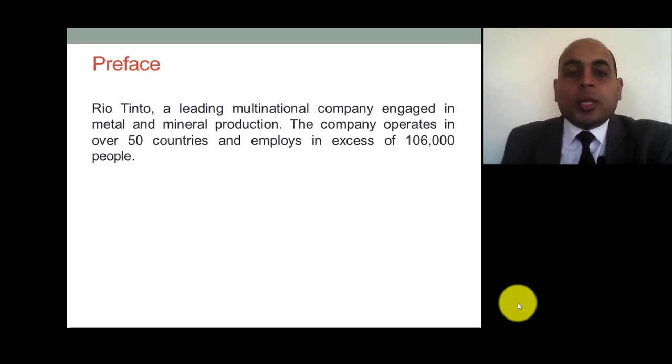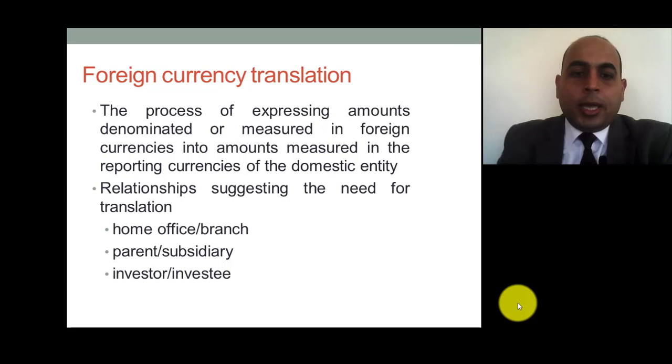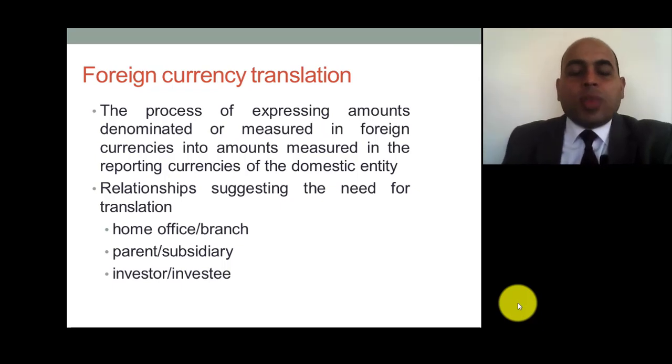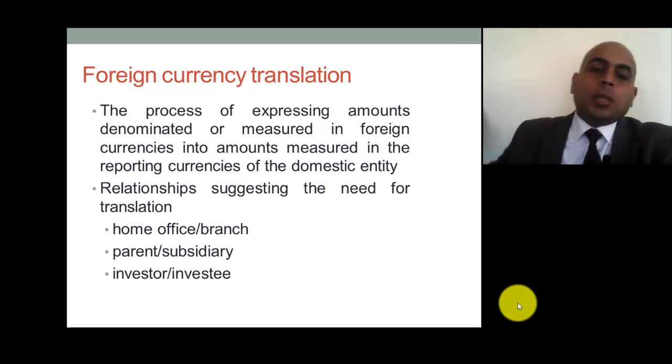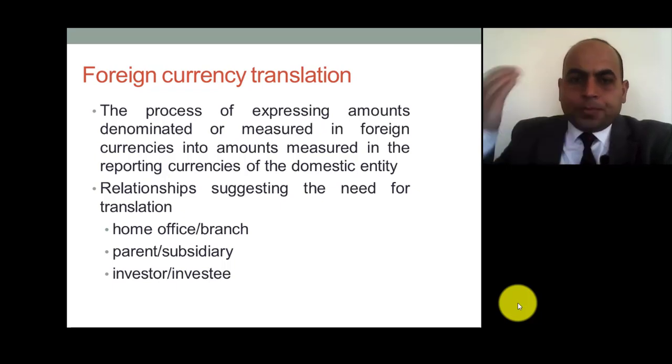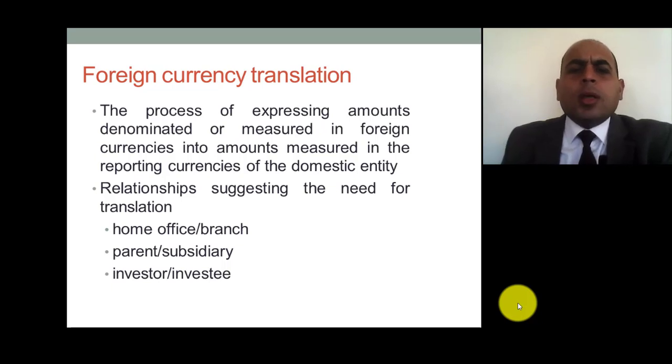So the question is, how can we prepare our consolidated financial statement? As we have a branch or subsidiary or joint venture located somewhere other than our domestic country, they will prepare their financial statement, mostly in the currency of the country in which they are located.